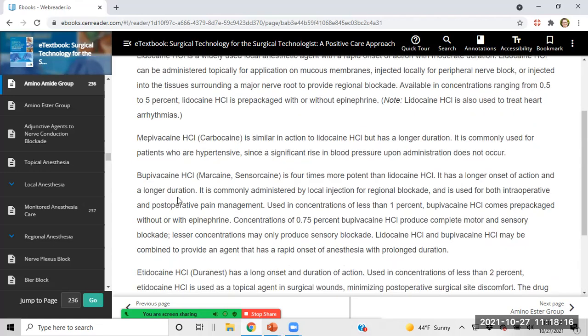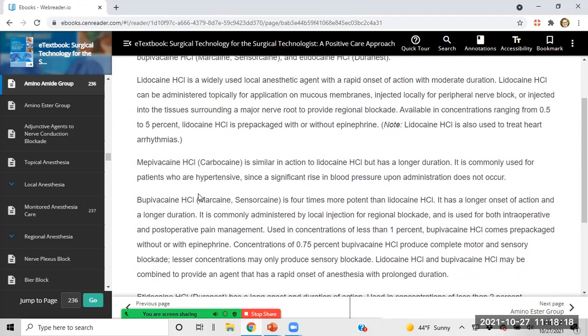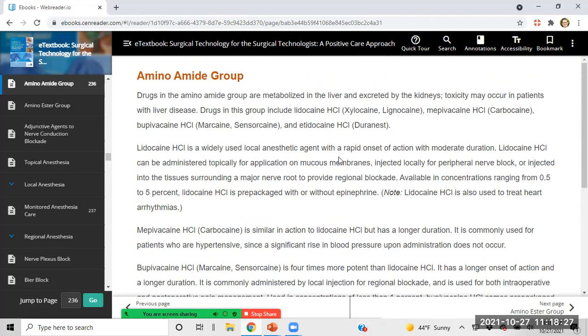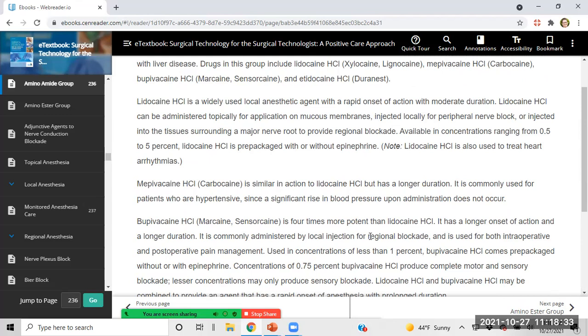Bupivacaine is one of the most common after lidocaine, and bupivacaine is 4 times more potent than lidocaine. So lidocaine is used as a local anesthesia. It's really fast onset, and it has a moderate duration as well. But bupivacaine is 4 times longer than that. So it's longer onset and greatly a longer duration, of course.